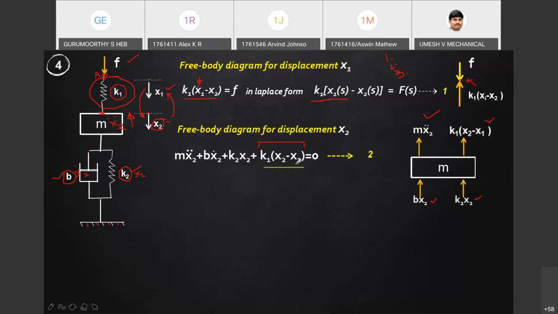So you have K1 X1 minus, and here it is X2 minus X1. I substitute from equation 1.